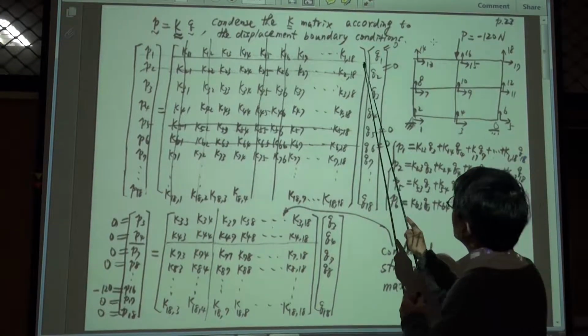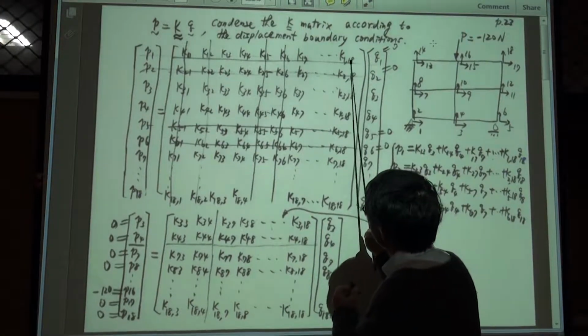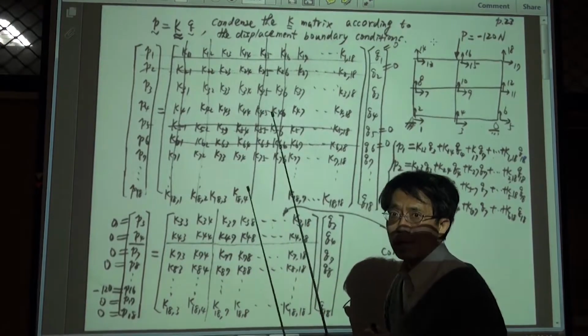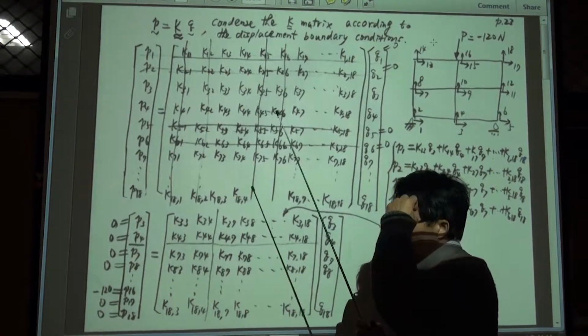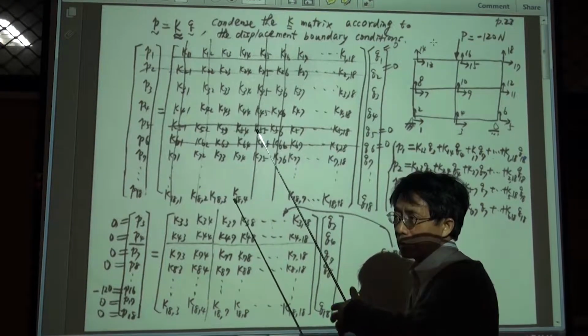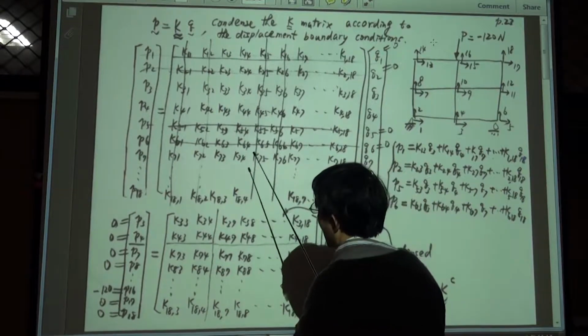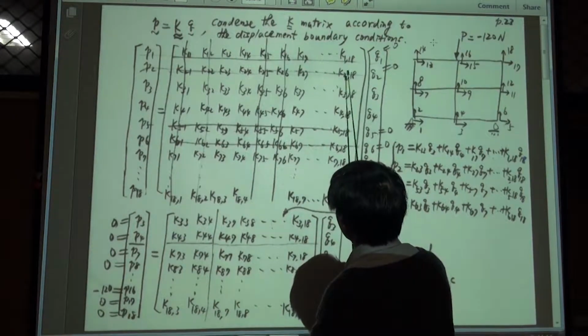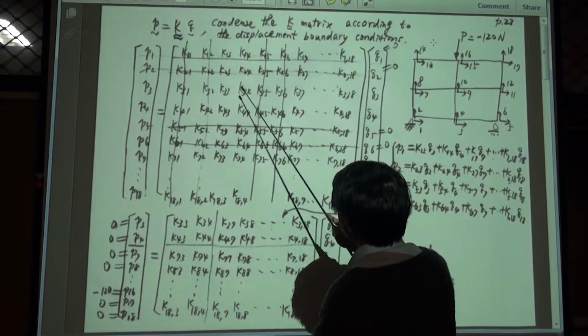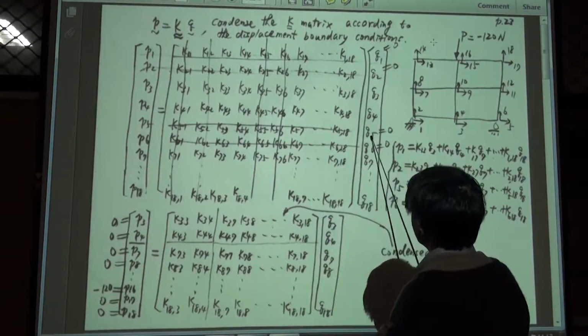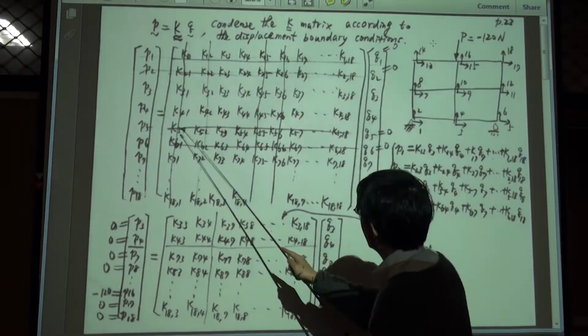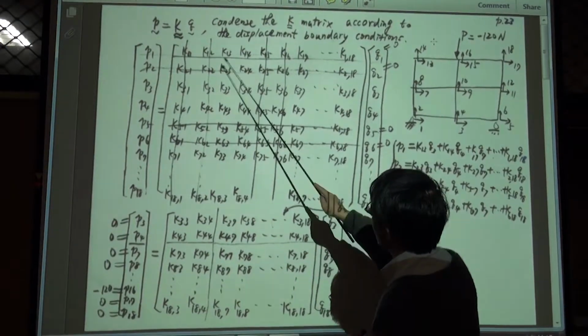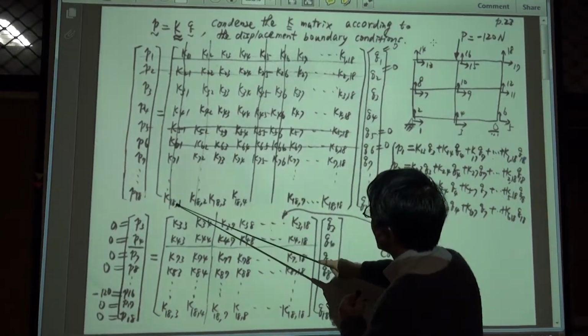We just pull this matrix out. For example, in the computer storage, you just delete this row of data, and also this row, and here Q5 is 0, so we delete this row, and correspondingly we delete this column.